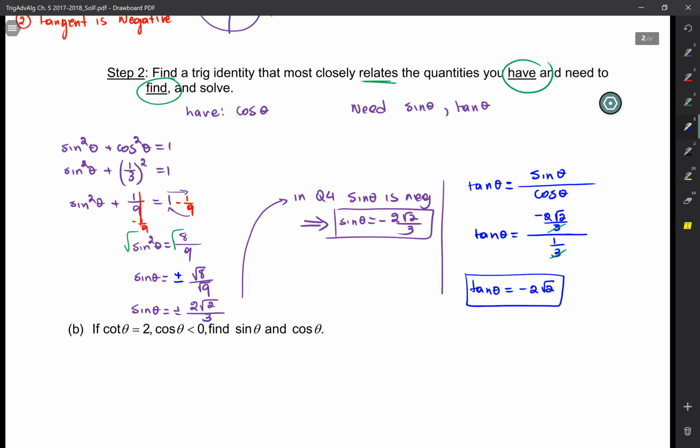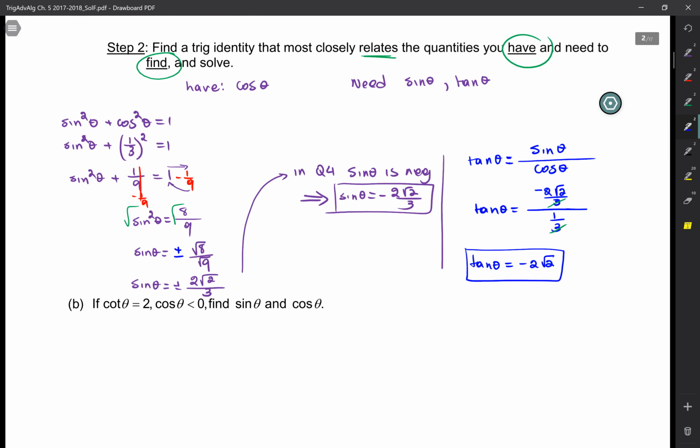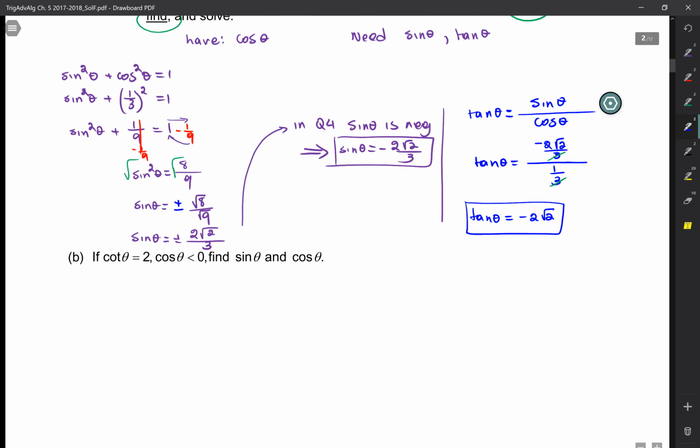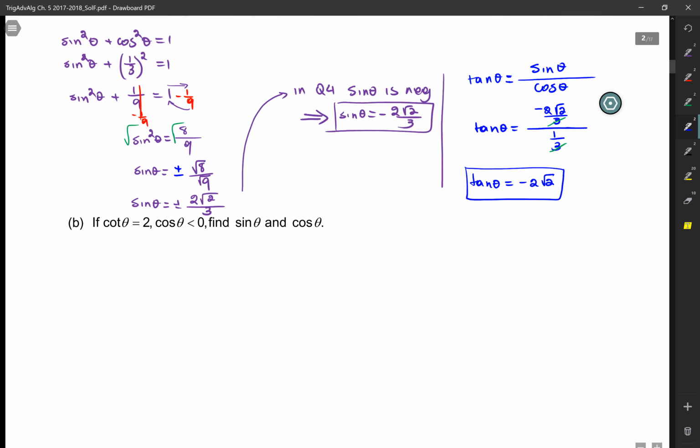Okay. So next, we're given cotangent is 2. Oh, it's just tangent of theta. So we're given cotangent is 2, cosine is negative. So first let's figure out which quadrant we're in.